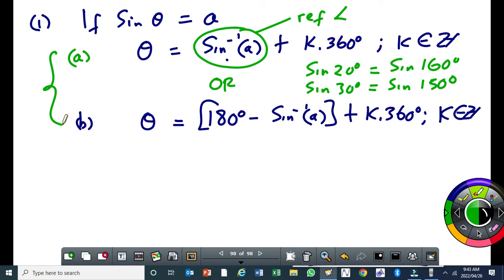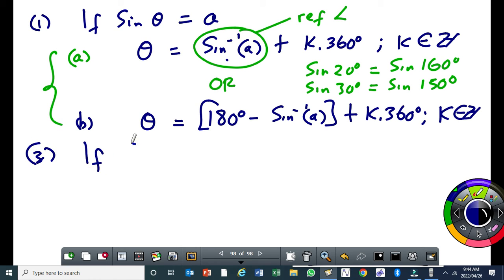Okay? Because we can use them to determine all the possible solutions of the trigonometric equation. All right? So that's the first set. The second set is for cosine.